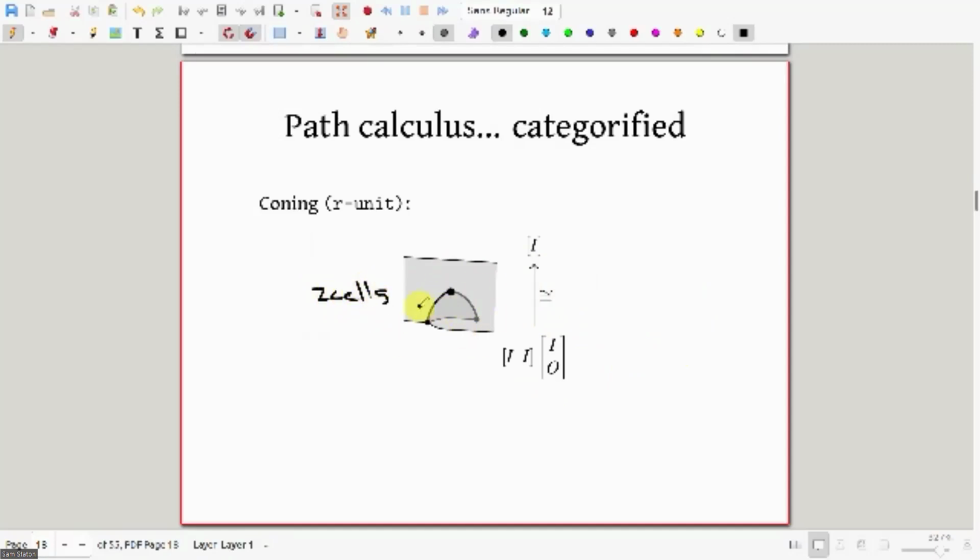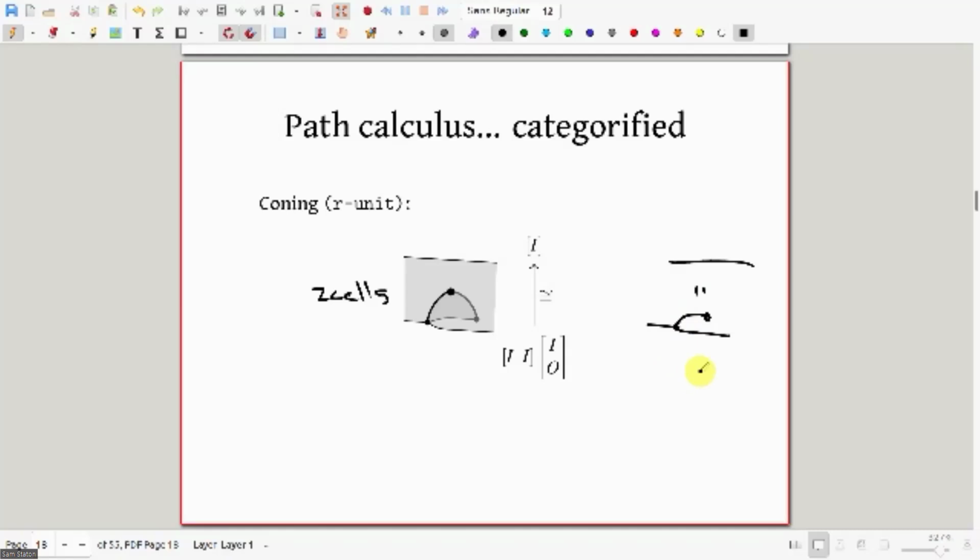And this really is just, we took the equation that we had before. I was writing this as an equation before in path calculus, and I'm just replacing this equal sign with a two cell and coning, just extruding out to where I start and where I end here.